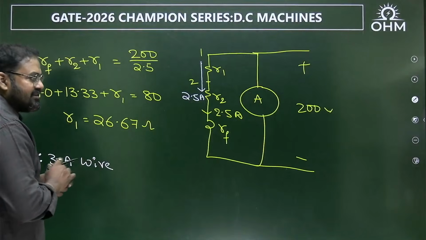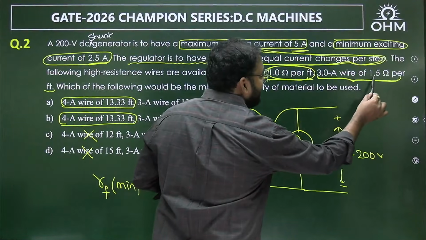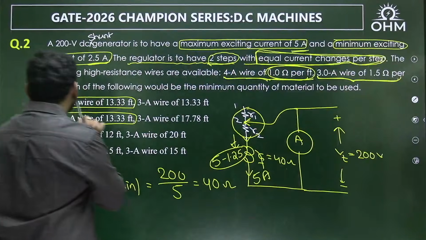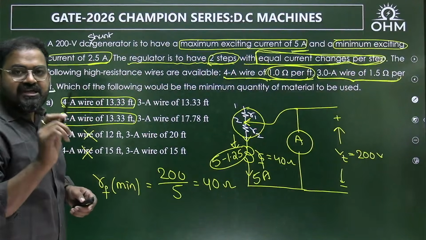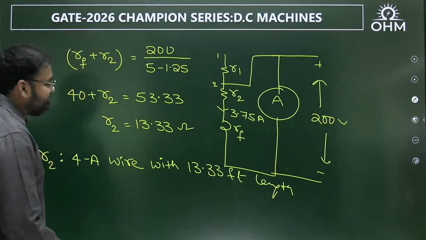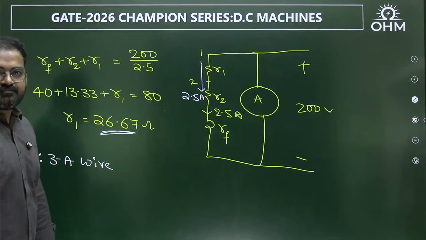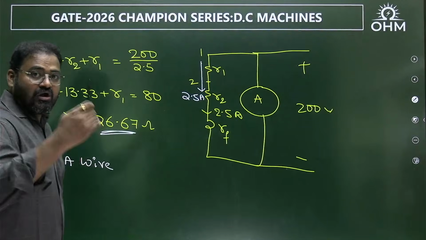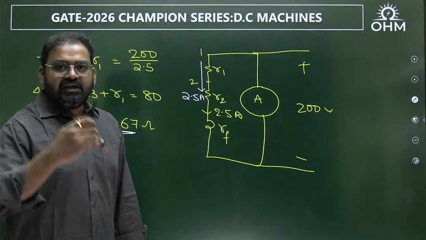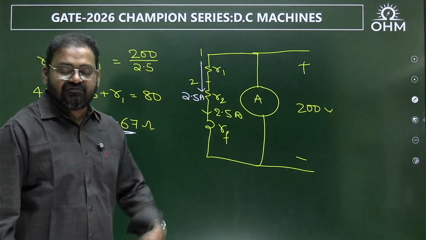But with how much length? You please understand, 3 ampere wire will offer 1.5 ohm for each feet. If every feet offers 1.5 ohm, how many feet required to get 26.67? Come on, 1.5 ohm per 1 feet. If it is 10 feet, you will get 1.5 into 10, 15 ohm.